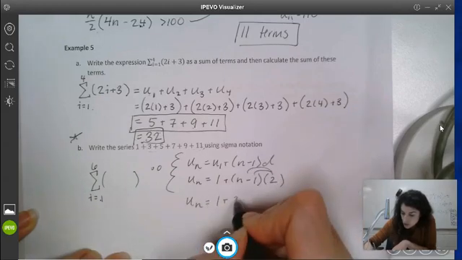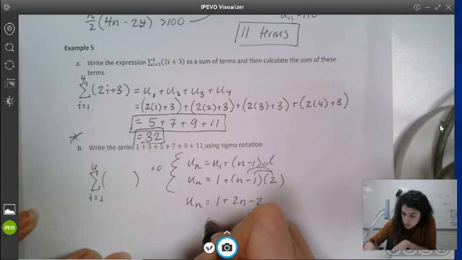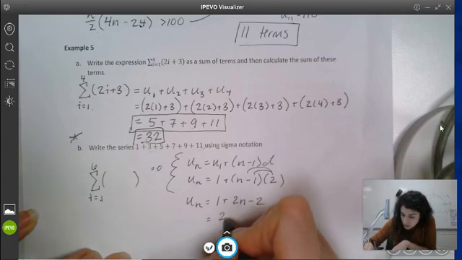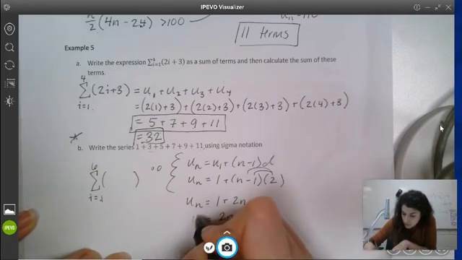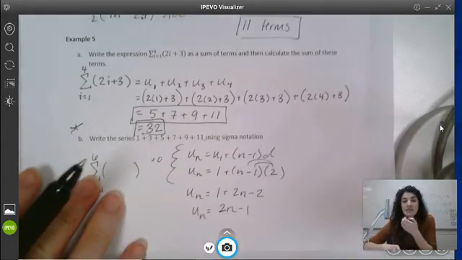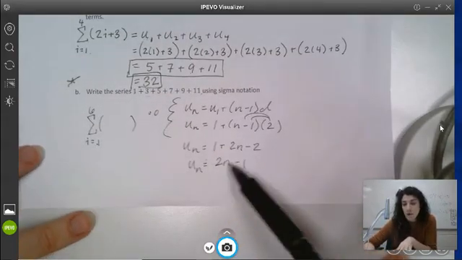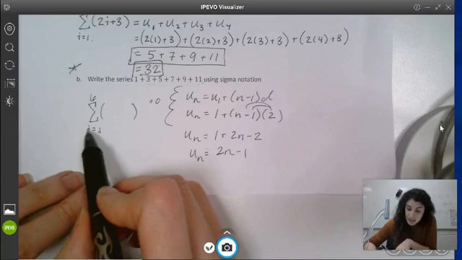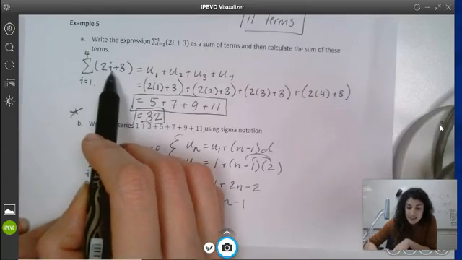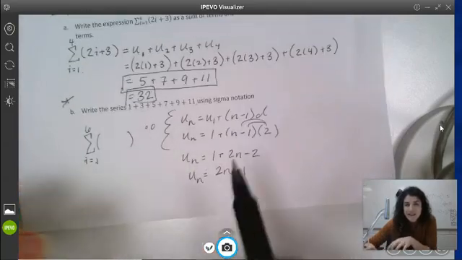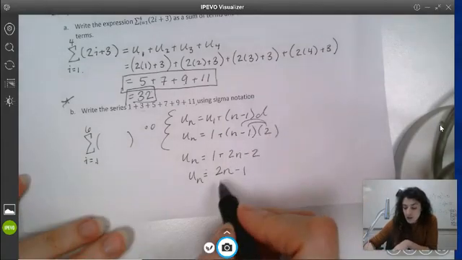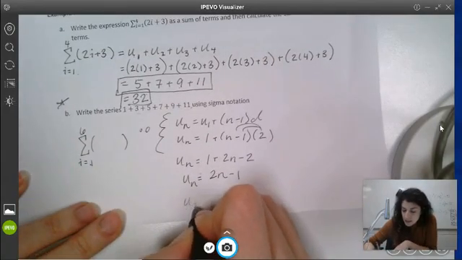1 plus, distribute the 2. And we end up getting this as our formula. Realize that we start with i, and that means that i has to be part of our formula, not n anymore, which can be a little bit of a mind bender sometimes.